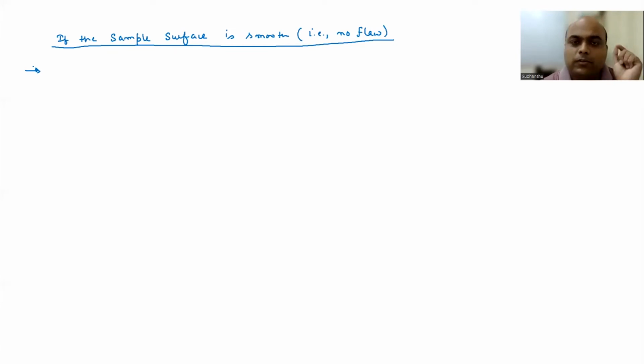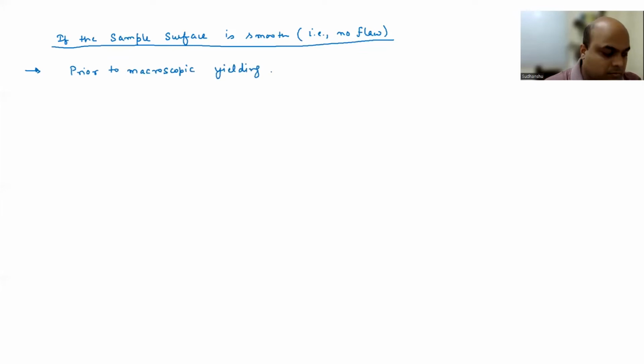If you go to course number 1. So prior to macroscopic yielding, microscopic yielding can occur in grains which are favorably oriented with respect to loading axis.